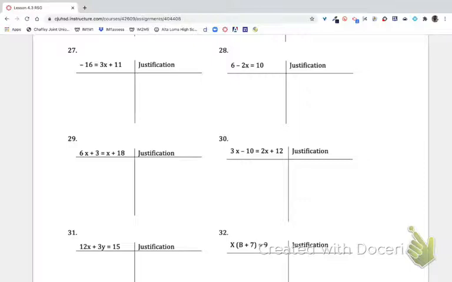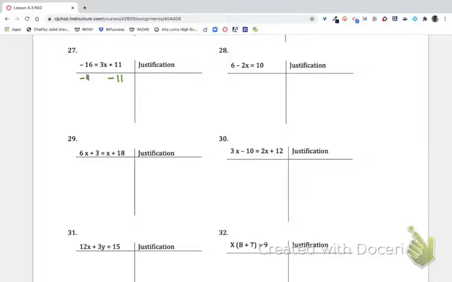All right, for the last portion of the go, I'll do number 27, 28, and 29 just to give you a little bit of variety, but not too much here. So for 27, the first thing that we're going to do is, again, we're going to work our way backwards.